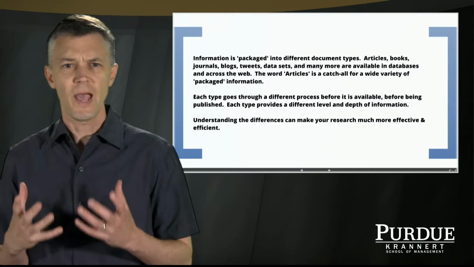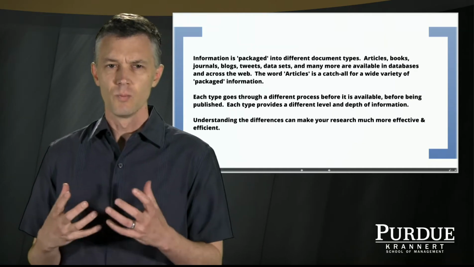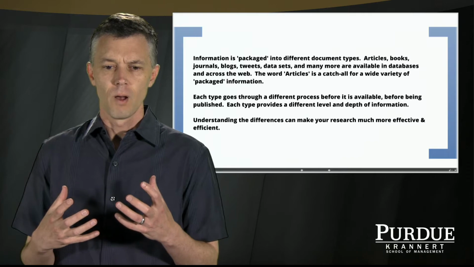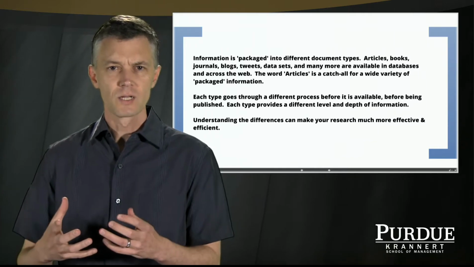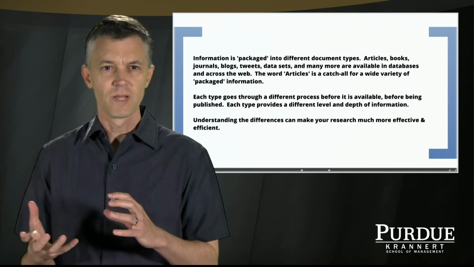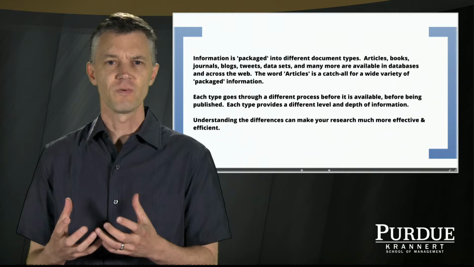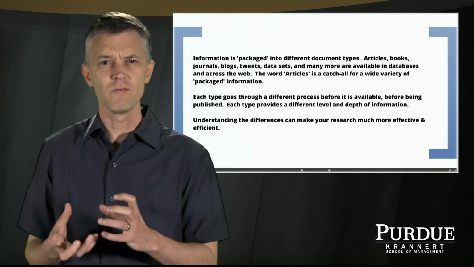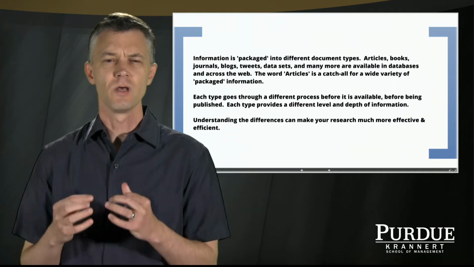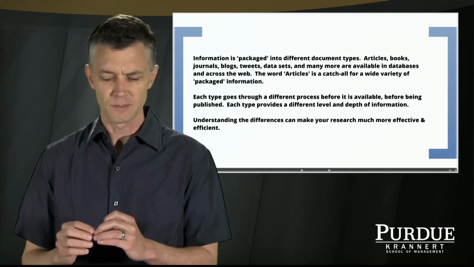Information is packaged into different types of documents: books, magazine and journal articles, blogs, tweets, other government and company documents. These are all packages of information, and they will all give you different types of answers for the question or the problem that you're looking at.